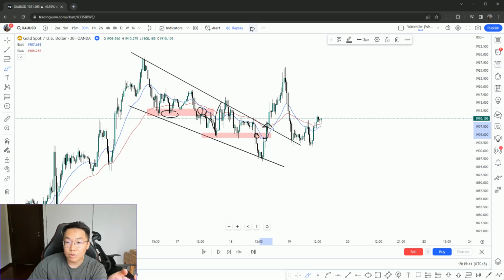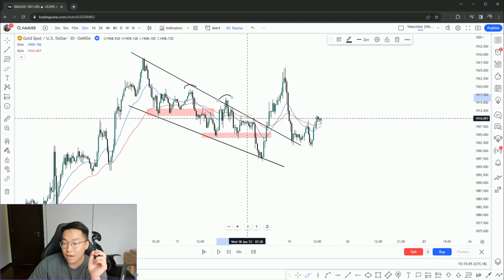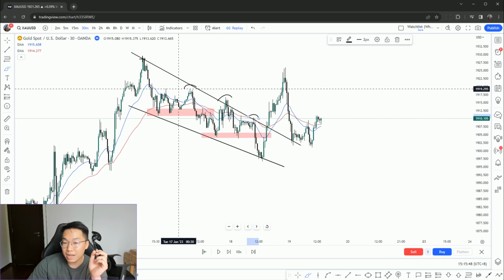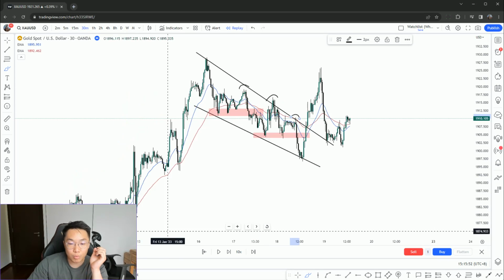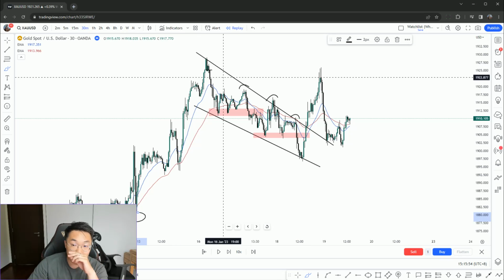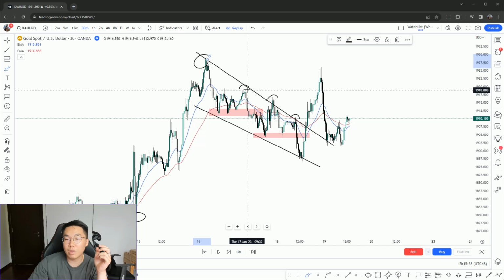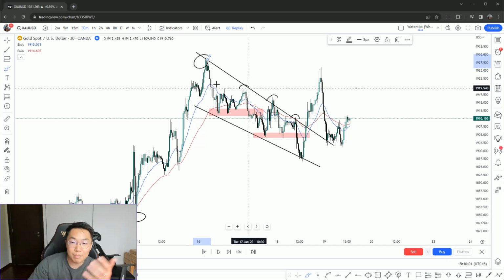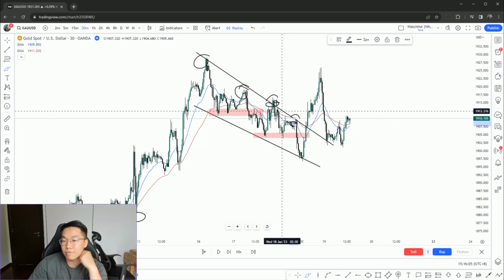Alright, so also one clue here is, can you see how price failed to create highs in between? So that is a period of accumulation, where buyers who bought at the bottom, as price moves further, take profit, feeling like price still wasn't able to get back to the high, take profit, take profit, take profit.